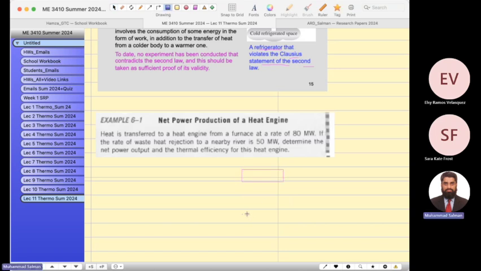So if I draw the heat engine, heat is transferred to a heat engine from a furnace at a rate of Q dot H, the high temperature reservoir.